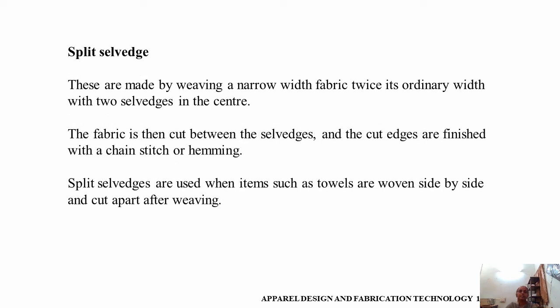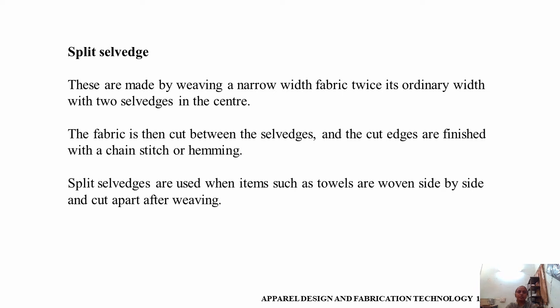Next is the split selvage. These are made by weaving a narrow width fabric at twice its ordinary width with two selvages in the center. The fabric is then cut between the selvages and the cut edges are finished with chain stitch or hemming.